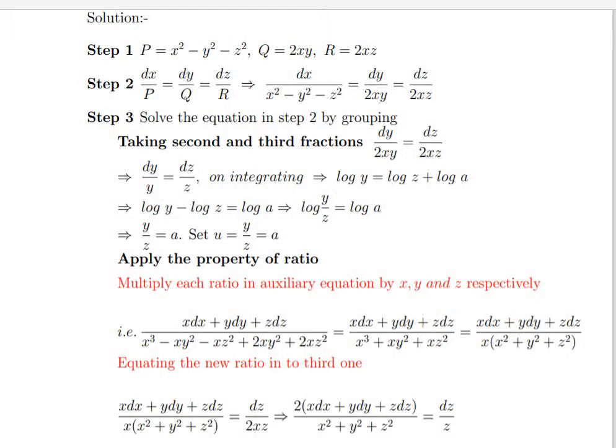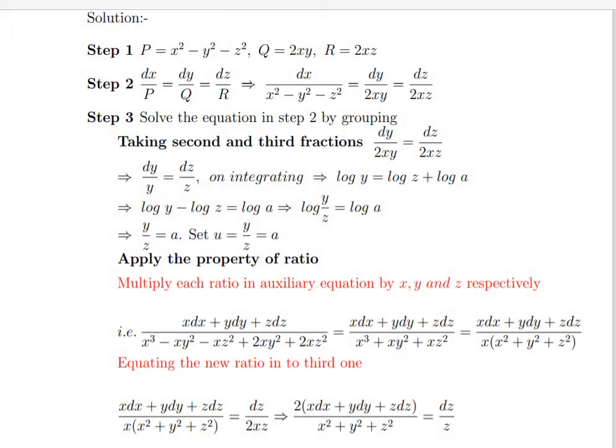On integrating, we will get log y is equal to log z plus, we will write here the integration constant as log a, since the other two terms are already in terms of log, and if we write the integrating constant also in terms of log, we can simplify it by cancelling the logs in the coming steps. So here we have written the integrating constant as log a.